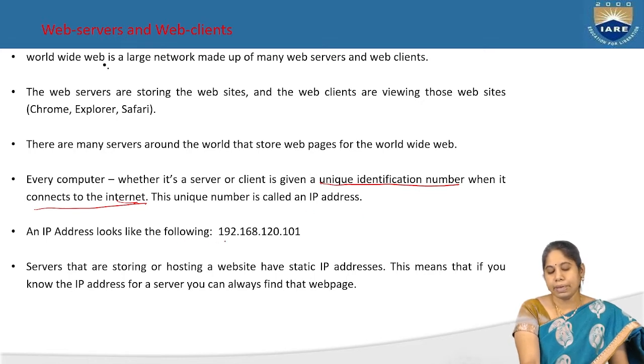So how do IP addresses look? We have seen them in many places. They look like 192.168.120.101. This is another concept which we will study in computer networks. There are classes, class A, class B and so on, according to which they configure the numbers and assign IP addresses to particular unique websites.